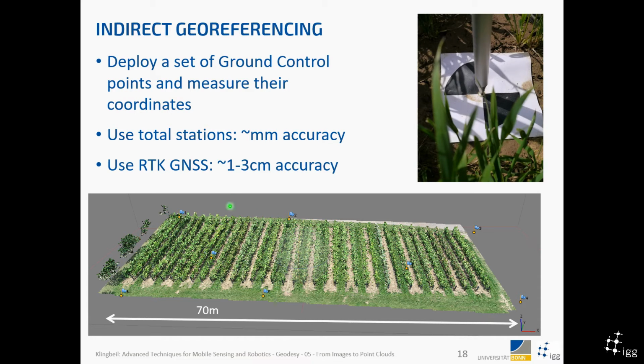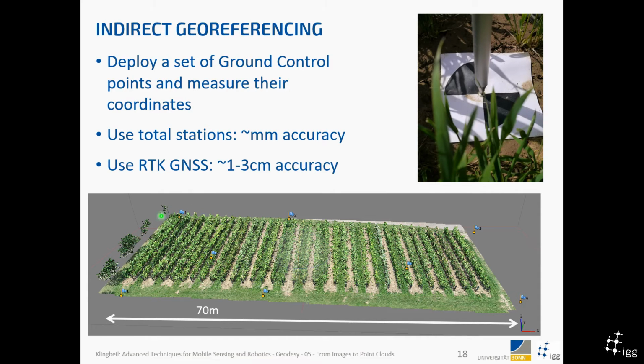Just as an example, how many of these ground control points are actually needed. This is an example of a vineyard here, 70 meters wide, and we measured this vineyard last year, and in this case we put 6, 7, 8 ground control points.